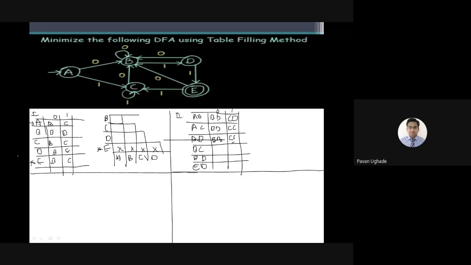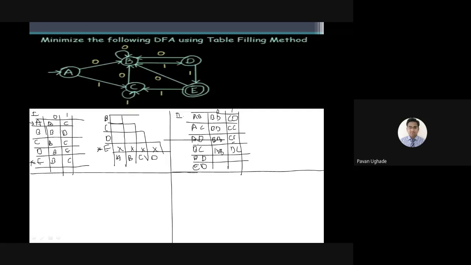Okay, so BC over 0 goes to, I have written already, BB and DC.